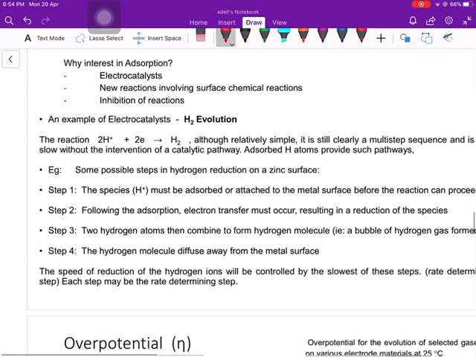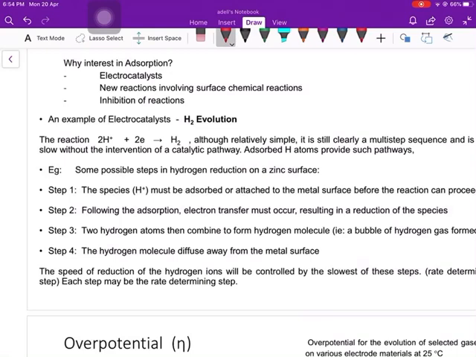So why do we care about adsorption? Because in electrocatalysis, researchers like to produce catalytic material to produce something. There are also new reactions involving surface chemical reactions, and also the inhibition of reaction.